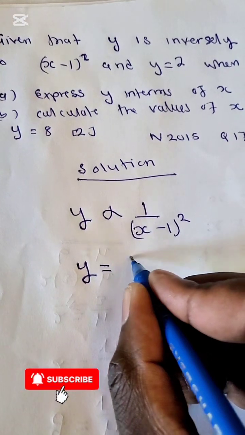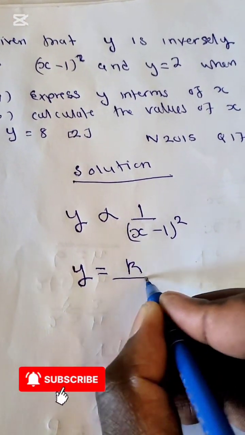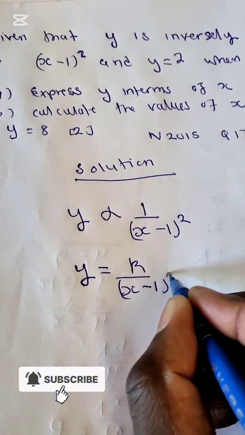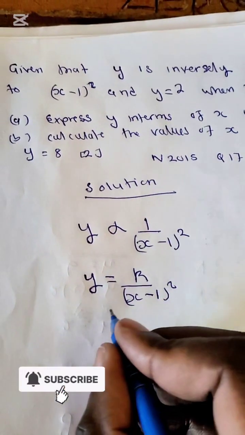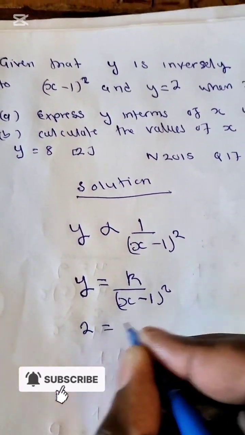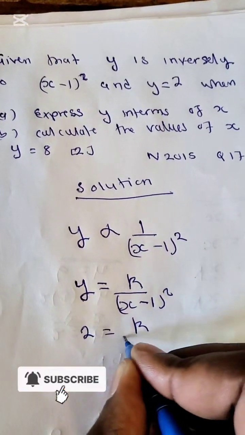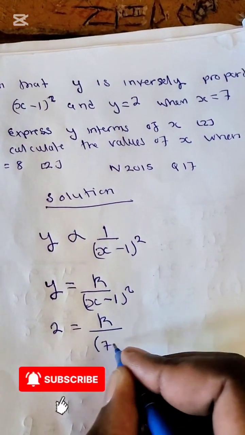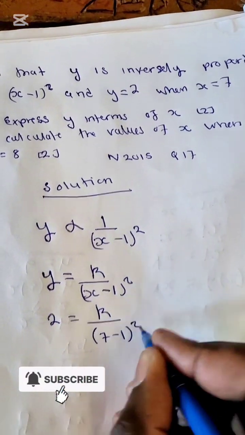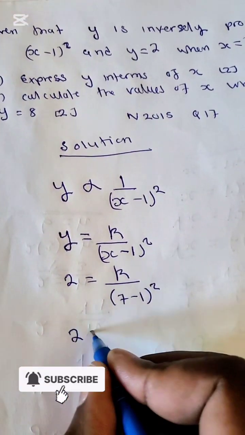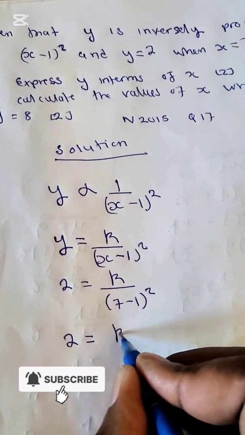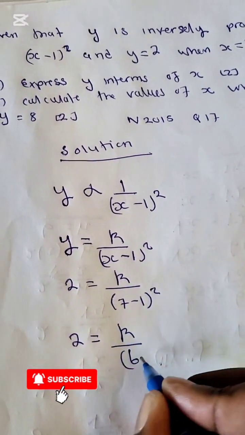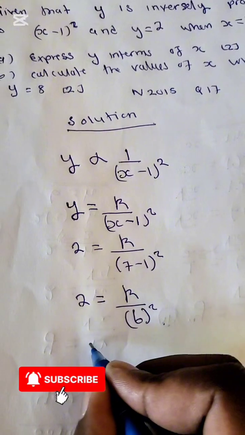y is equal to k over x minus 1 squared. y is 2, so 2 is equal to k over, we find the value of the constant, x is 7, so 7 minus 1 squared. So 2 is equal to k over 7 minus 1, which is 6, squared.